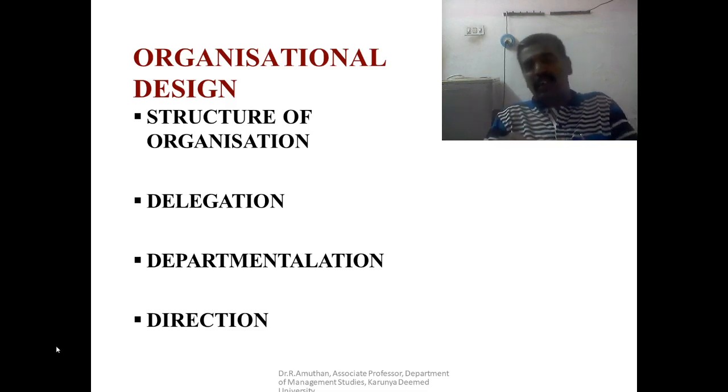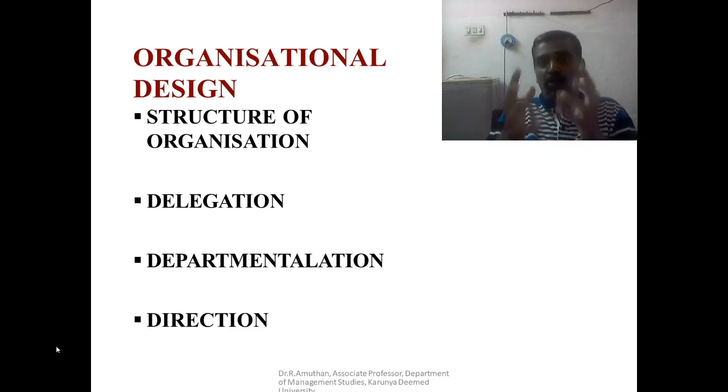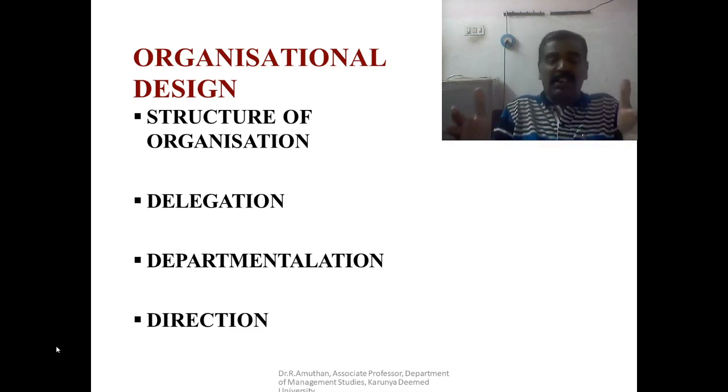Okay. What is called matrix structure? See, matrix structure means we'll put up one department, and that department will create another department, and that other department will create another department. So the departments are created.